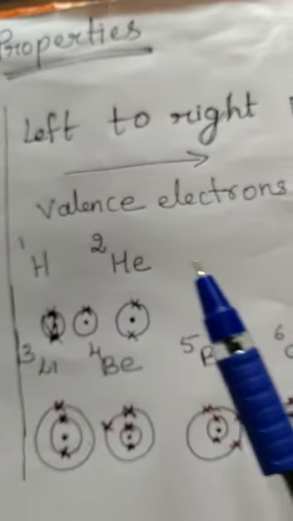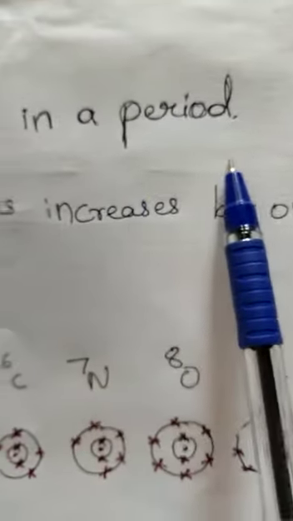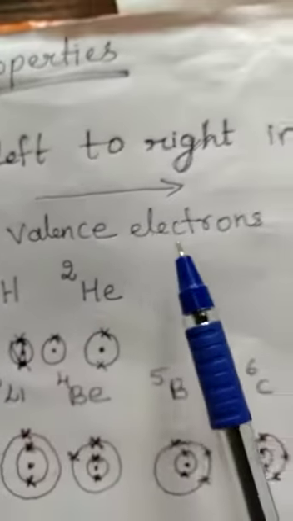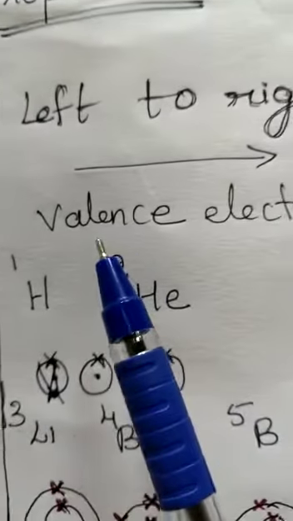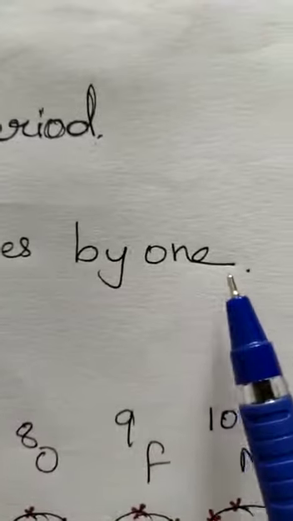But when we go from left to right in a period, what happens? Valence electrons increase by 1.